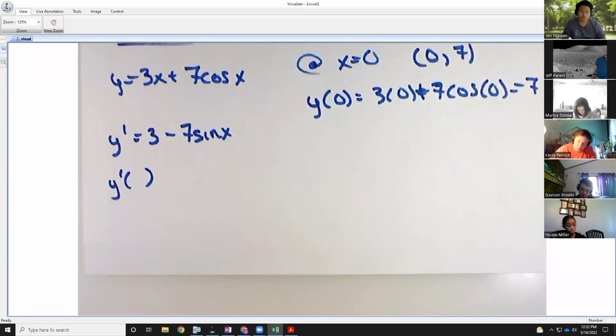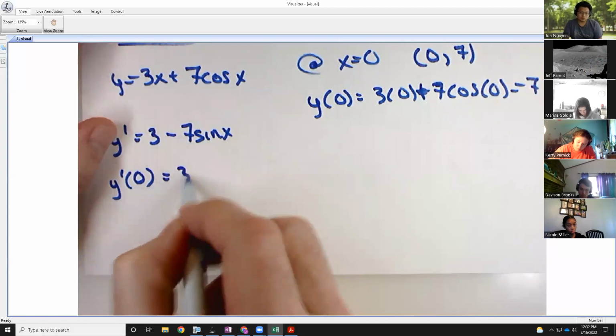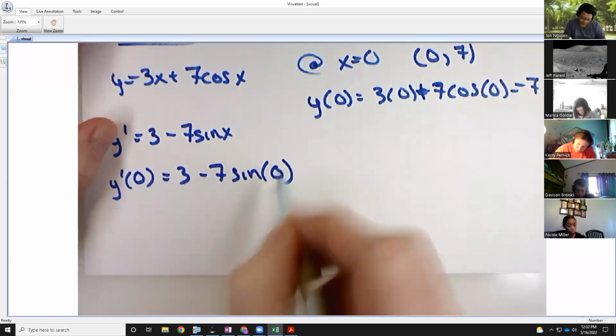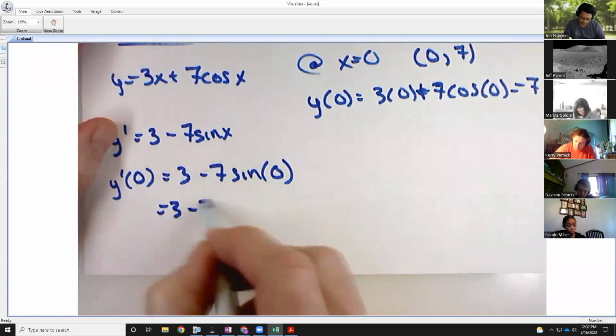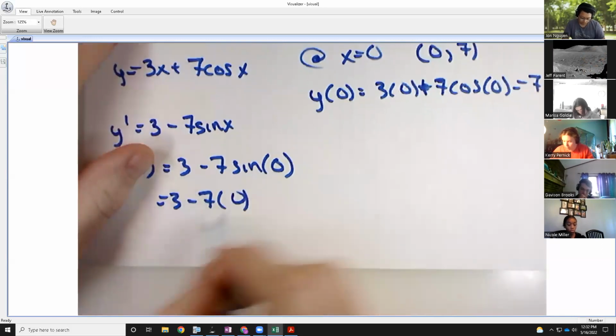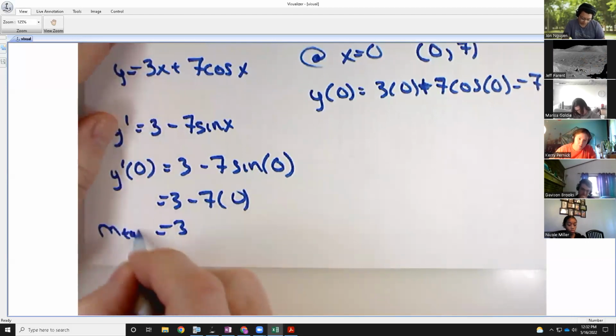So y prime, Rohan, what's y prime going to equal for us? Sine of 0 is 0. So y prime is going to be 3. That's also the slope of your tangent line.